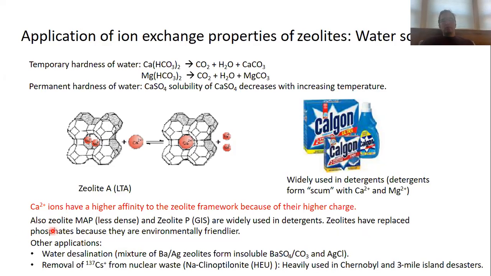All right, so you can use the ion exchange properties of zeolites also for other applications such as water desalination.